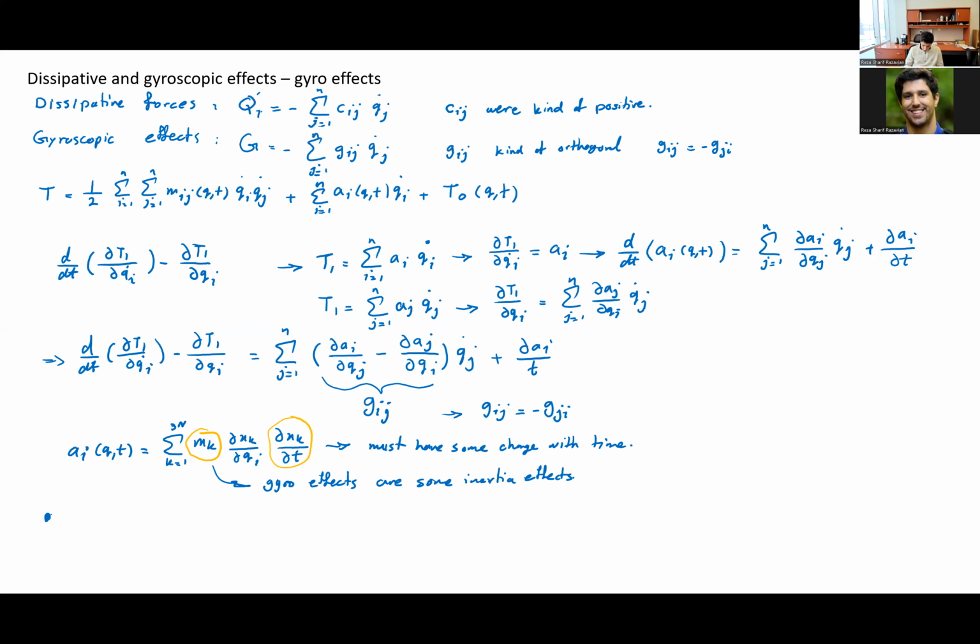But I can take terms like this, so these are on the left-hand side of the equation when we write the Lagrange's equation. I can take it to the right-hand side and treat it as a force, and that is what we are doing up there, defining these G's. These G's kind of have the flavor of a force. The unit is Newton, so they have the right unit to be of a force.